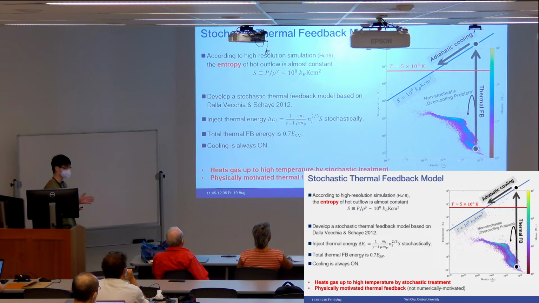If we simply distribute thermal energy from supernova, the energy is small compared to the particle mass, so we cannot heat up the particle to high enough temperature and it cools down again. By using the stochastic method, we can heat up to high temperature and produce hot outflow.